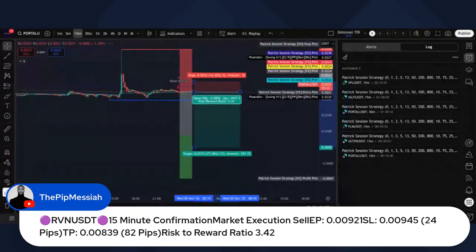There's going to be a risk of 5.41. Entry price is going to be 2.23. Stop is 255. And take profit is 0.0050.